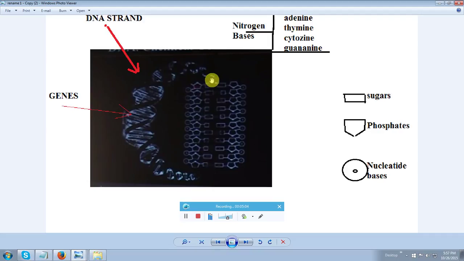And what we're looking at here is these nitrogen bases, which are made up of adenine, thymine, cytosine, and guanine. But the problem is, and you see my little graph here, sugars are the blocks, the pentagrams, I guess they are the phosphates, and the nucleotide bases are the circles.